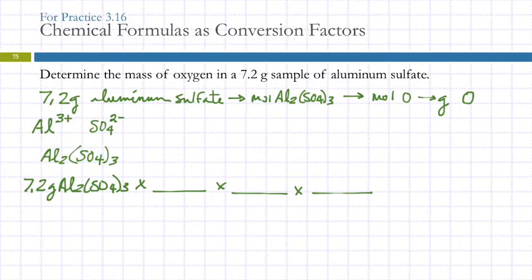After you graduate and start working in your field of choice, you can do shortcuts. The next unit is moles of aluminum sulfate. Moles of Al2(SO4)3. I know it's tedious. And then in moles of oxygen, and then grams of oxygen. Same pattern.